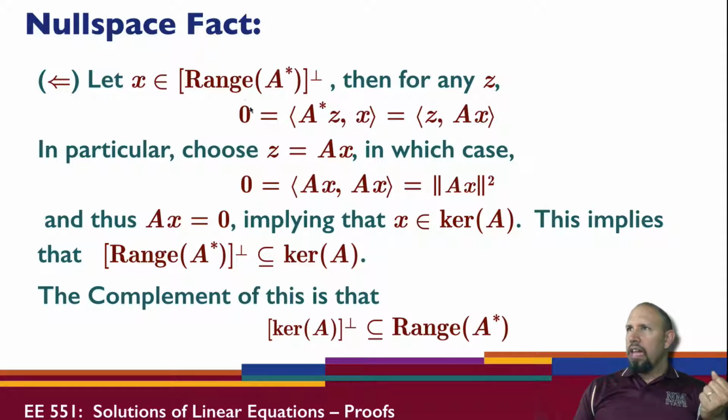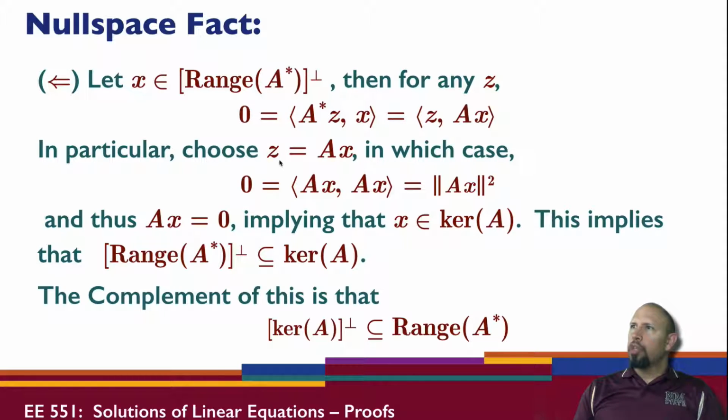So we're kind of doing this in a roundabout way, and I'll show how we work with this in just a little bit. But this, again, by the definition of the adjoint, I can take this over to the other side. So the inner product of z with Ax must be 0.